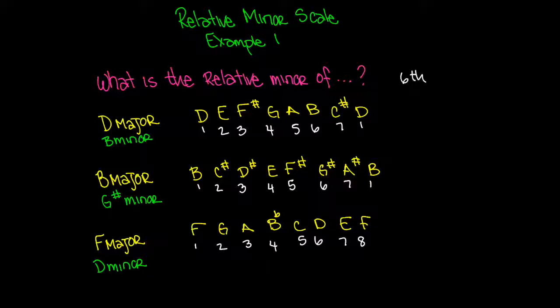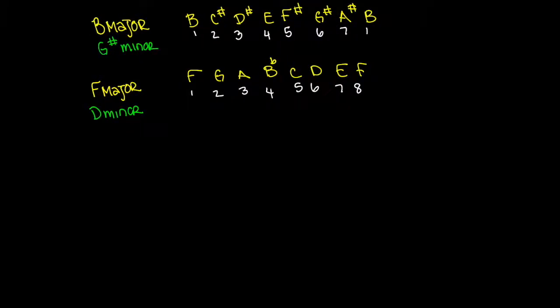So let's zero in on one of these examples, this one up here: D major and B minor. All right, so let's write out our D major scale again, and that was D, E, F sharp, G, A, B, C sharp, and D. And then I wanted to prove to you why B minor is the relative minor, how that actually works.